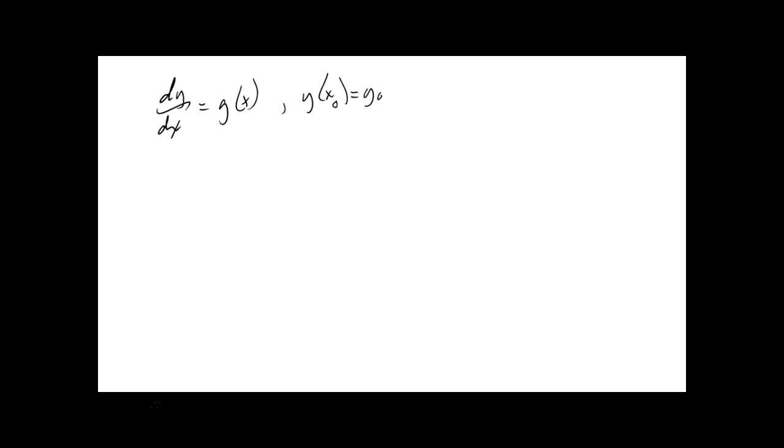Now, especially if they don't tell you what that function g is, you don't know if it's integrable or not. So for something like this, basically what we do is write it in differential form: dy is equal to g of x dx. Integrate both sides, and this will give you y plus or minus c, but you can combine c's on both sides.